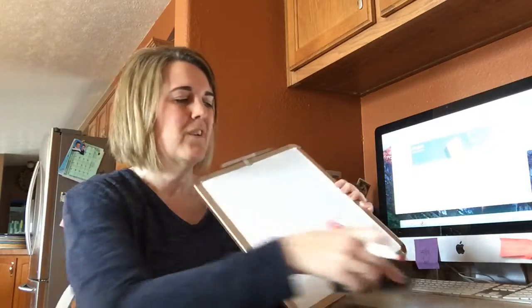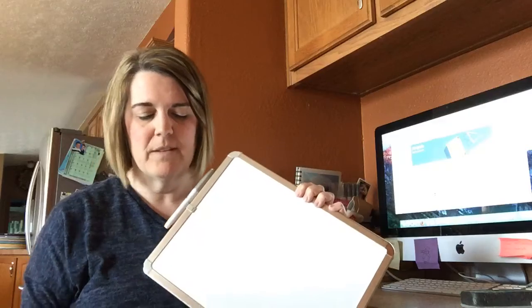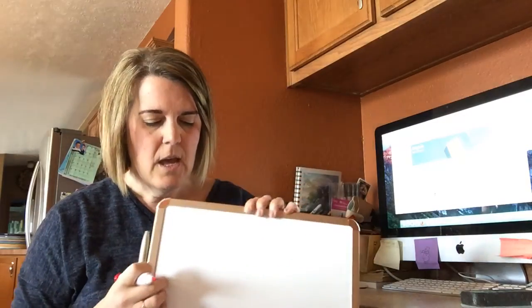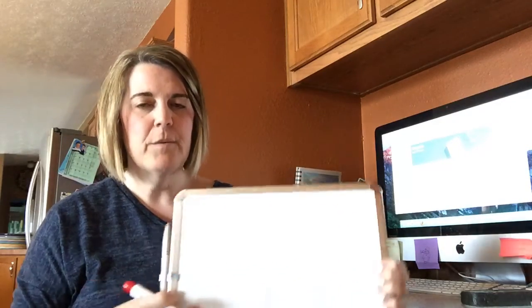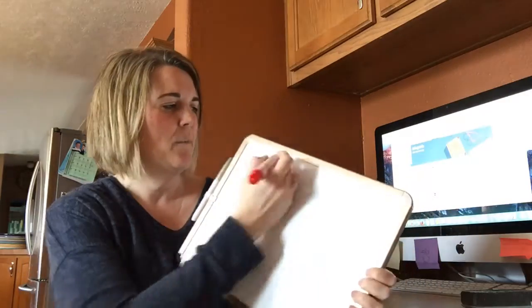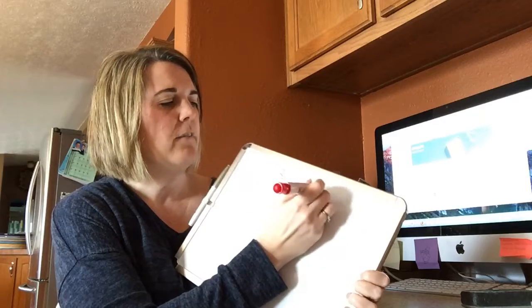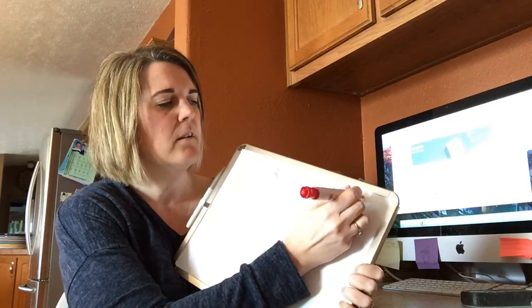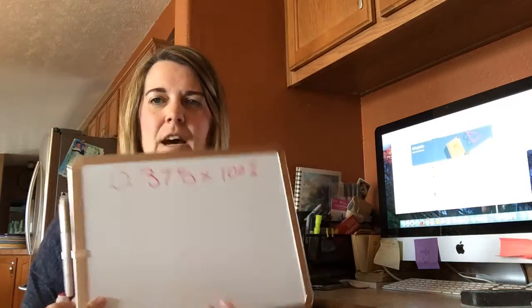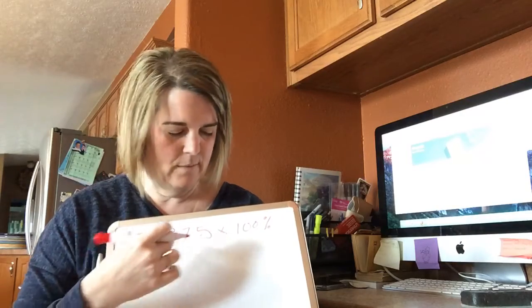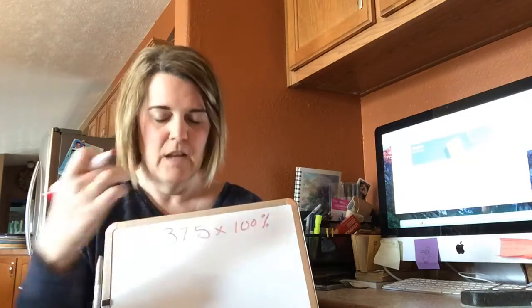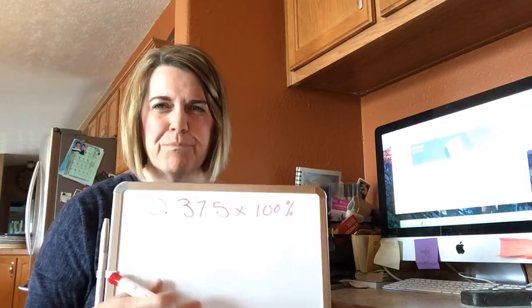This is just a longer version, and you need to know this because it's not always going to be as easy. You can also find a percent by multiplying a decimal. So if you have 0.375 times 100%, we can easily go from a decimal to a percent by multiplying it by 100%.